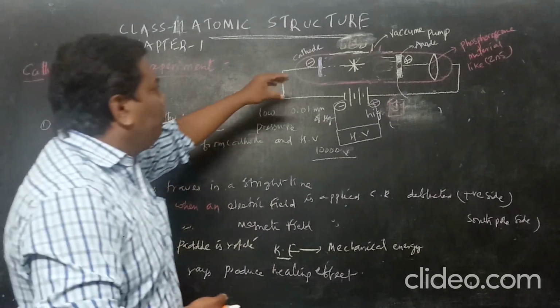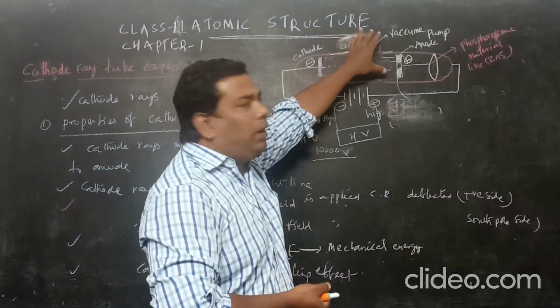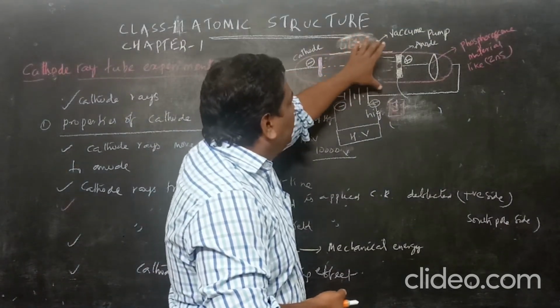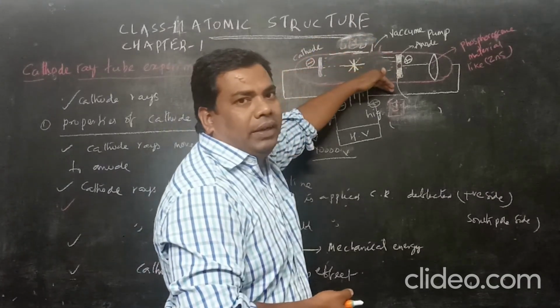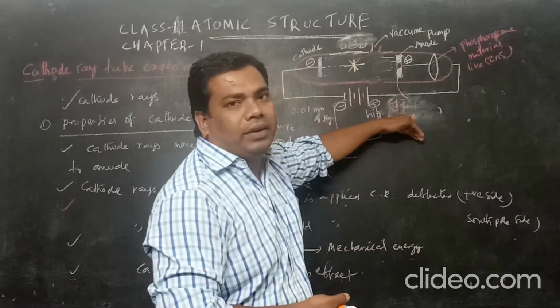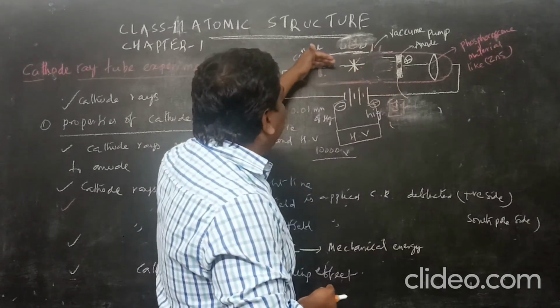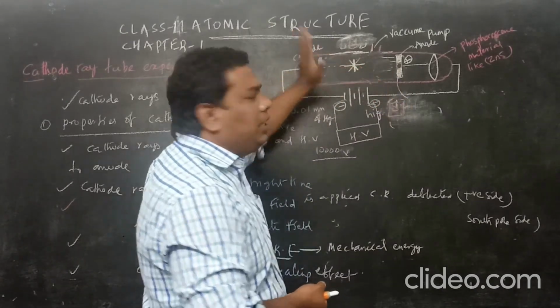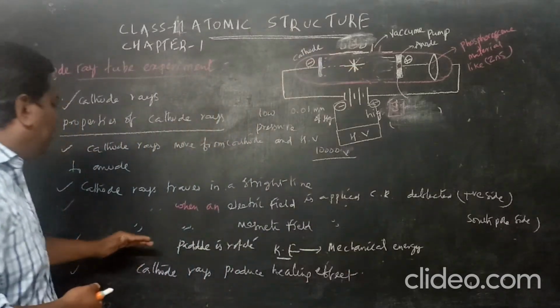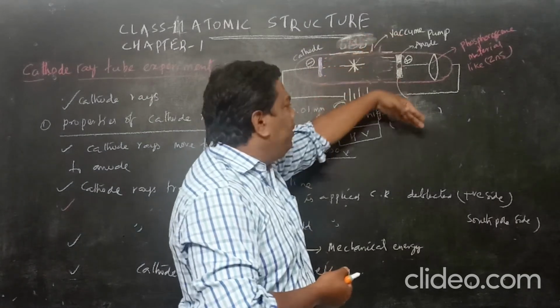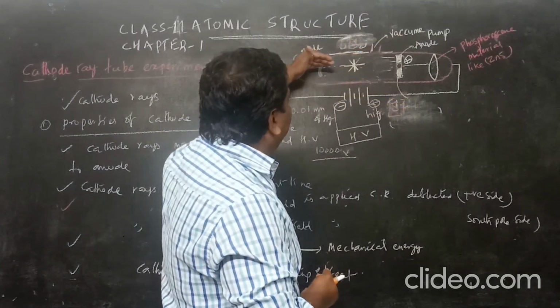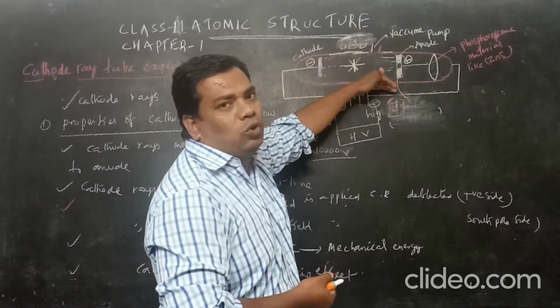So when we apply an electric field, the cathode rays are deflected toward the positive plate of the electric field, which indicates that the cathode rays are negatively charged. Okay, clear, right? When we apply a magnetic field, the cathode rays are deflected on the south pole side.